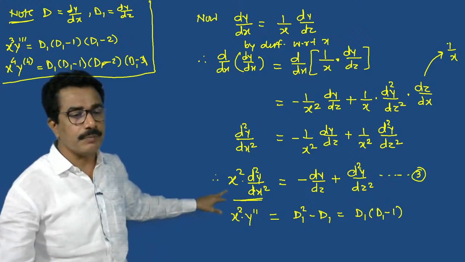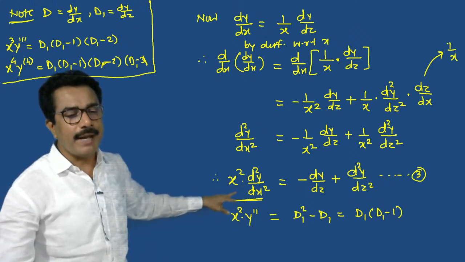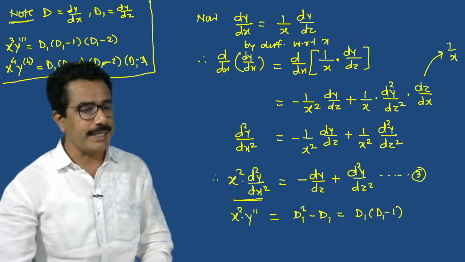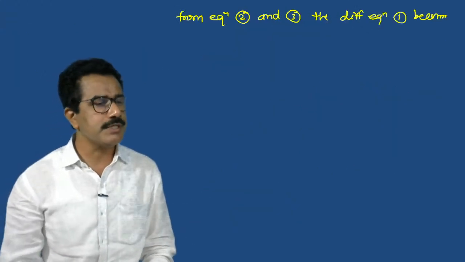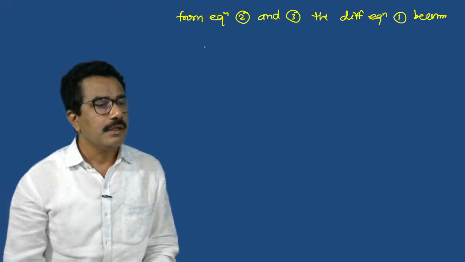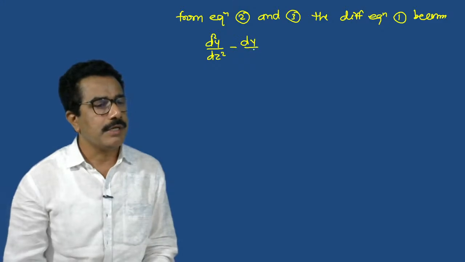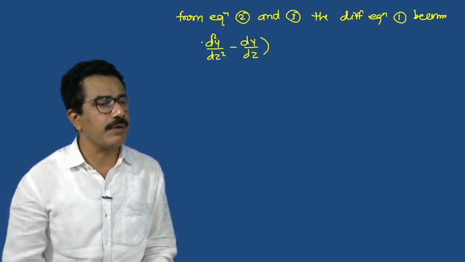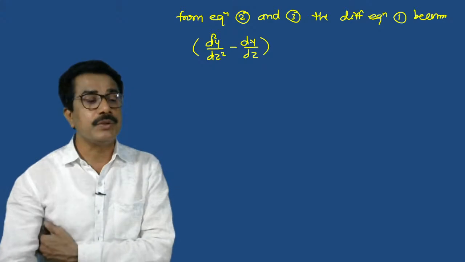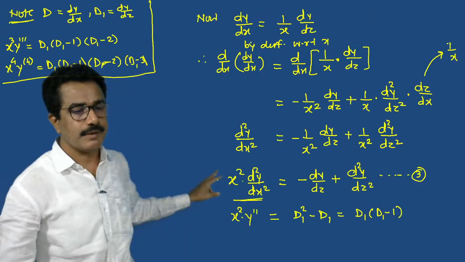That means we have to put d2y by dz square minus dy by dz. So put this value d2y by dz square minus dy by dz. This is the value of x square into d2y by dx square.